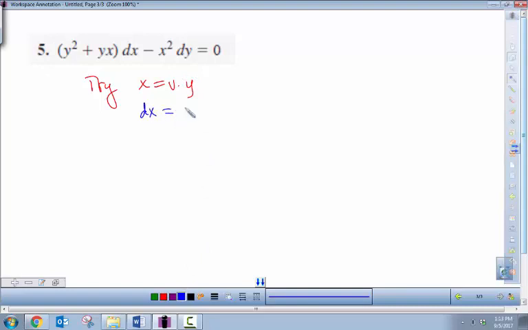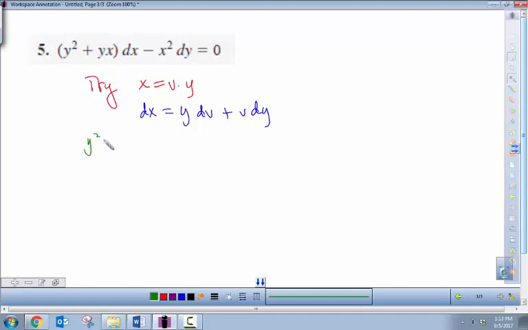So just like before, we need to do a differential, which is a derivative of a product on the other side. We have y dv plus v dy. And then make your substitutions so the y's will stay, and then my x's will get replaced with vy.